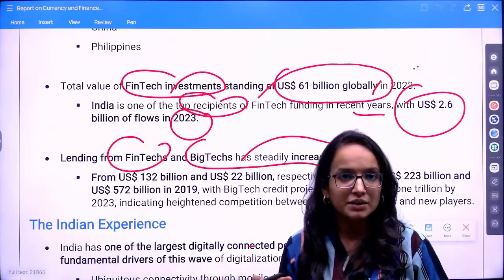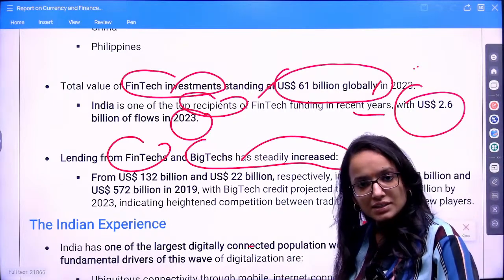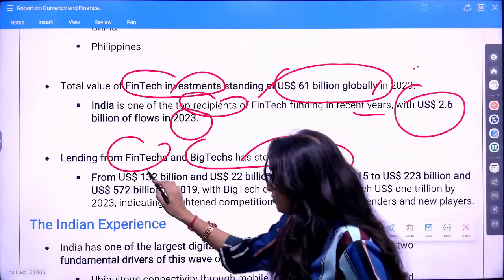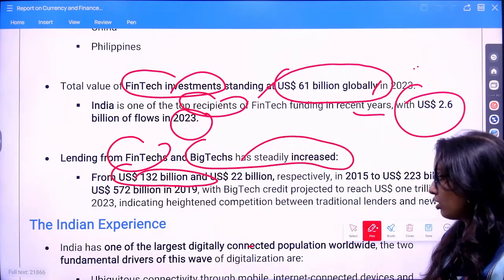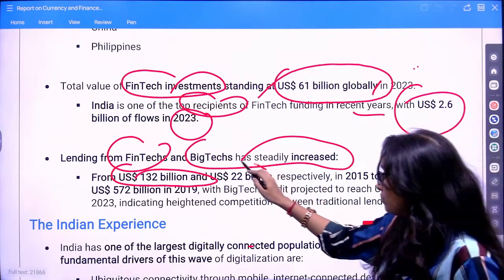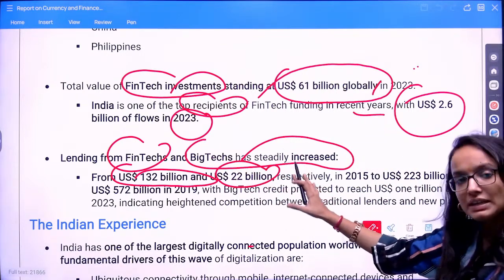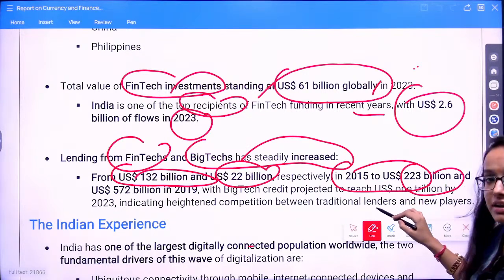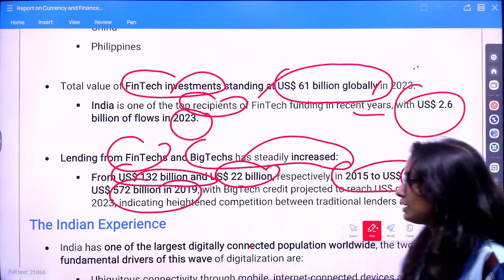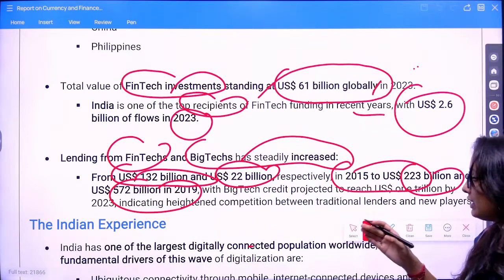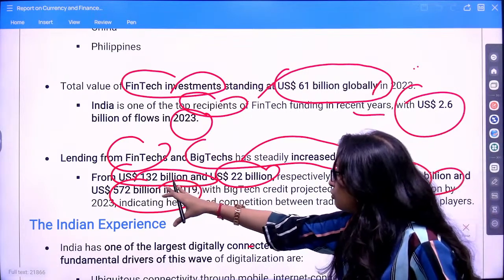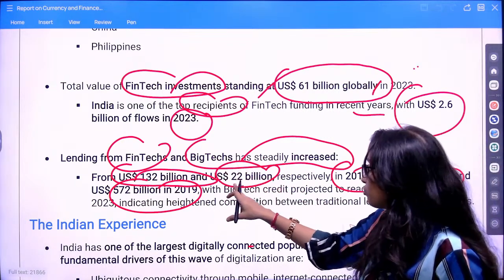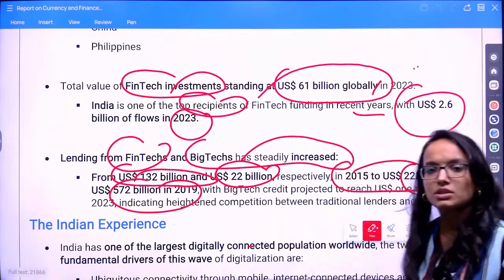If you see the data, from 132 billion US dollars and 22 billion US dollars respectively for fintechs and big techs in 2015, it has increased to 223 billion US dollars for fintechs, and 572 billion dollars for big techs in 2019.